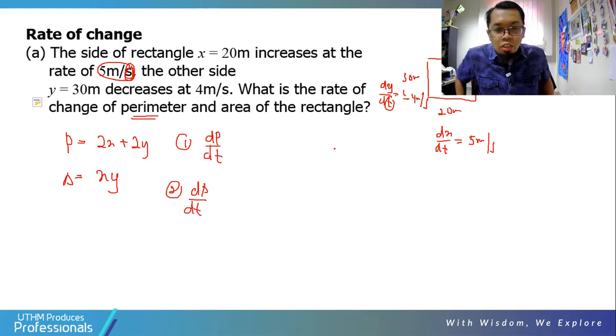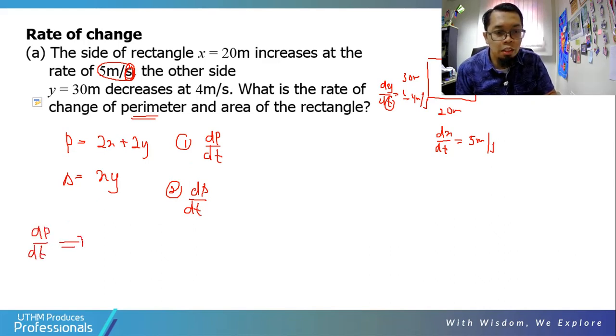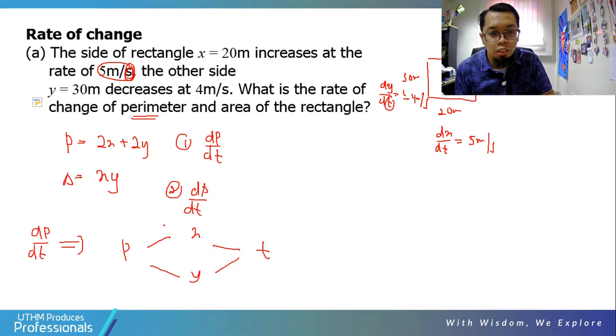So the first thing you need to do is derive the chain rule, dP dt. P depends on t through x and y, so this one is partial P partial x, partial P partial y, because one splits into two, so partial. Then x to t is dx dt, and y to t is dy dt.